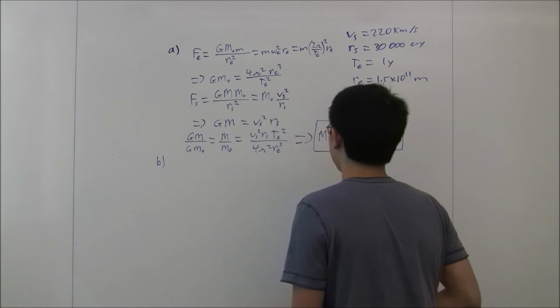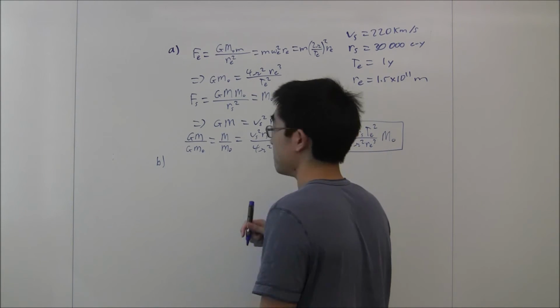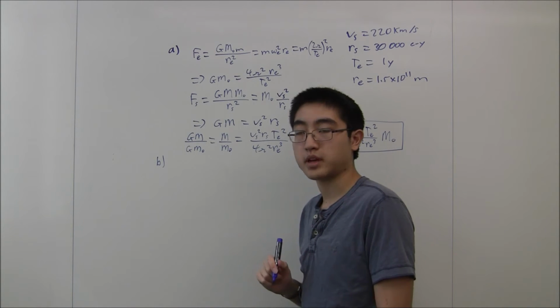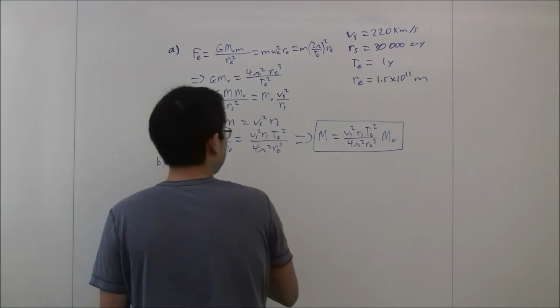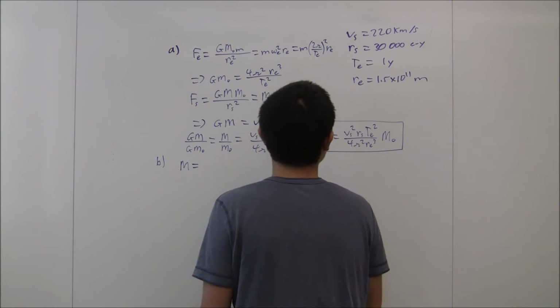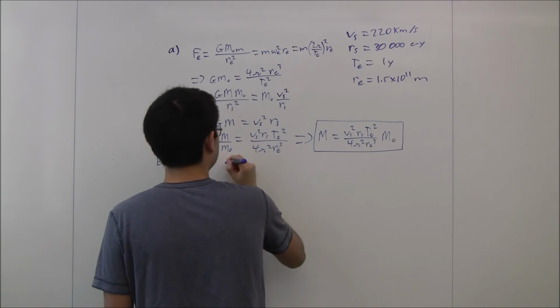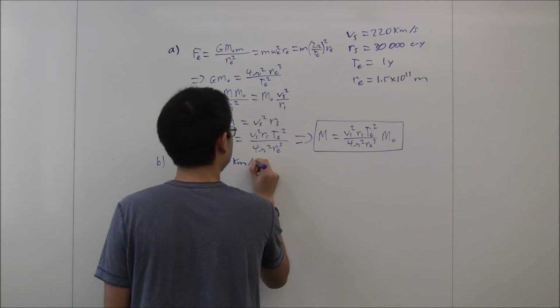Now in part B of the problem, we're asked to evaluate the value for big M in terms of big M naught. So all we have to do is plug in our numbers for the different variables. So the velocity of the sun is given to be 220 kilometers per second.